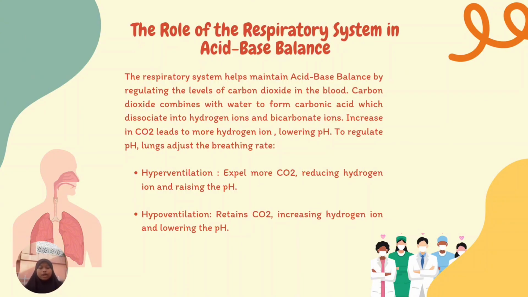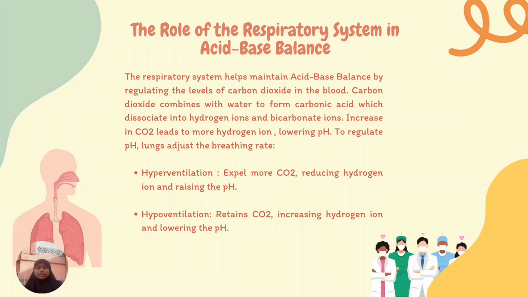And for hypoventilation, which is slower breathing, it helps to retain the carbon dioxide, which lowers the pH and makes the blood more acidic. So the respiratory system can adjust the blood pH within minutes to maintain the balance.